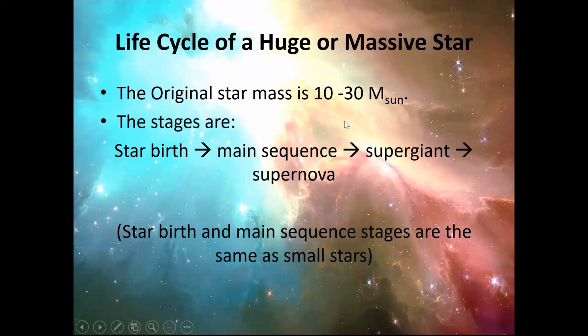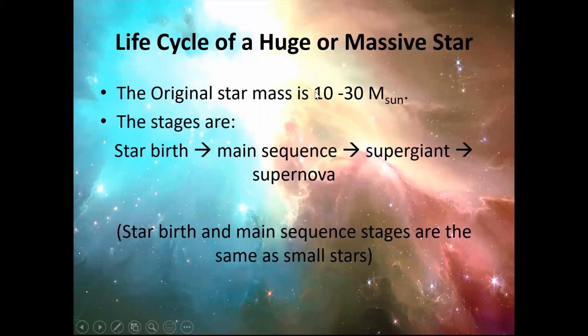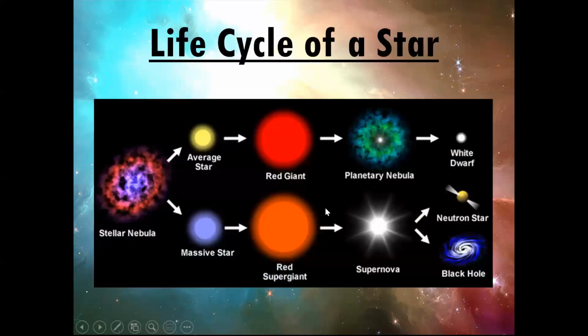Basically we can see the size, it's a lot larger than the mass of the sun. We just looked at this one here, average size star, and this one's massive, 10 to 30 times the size. So star birth will happen. We have main sequence, supernova and then a supergiant produced.